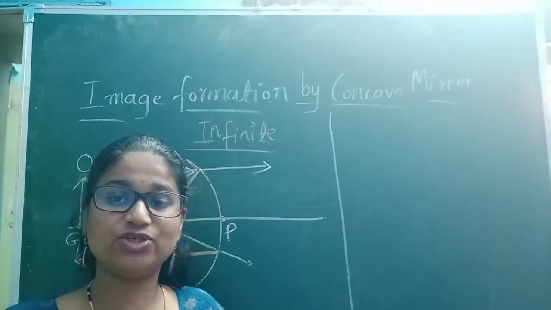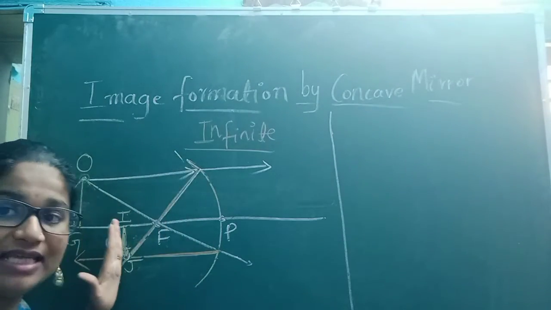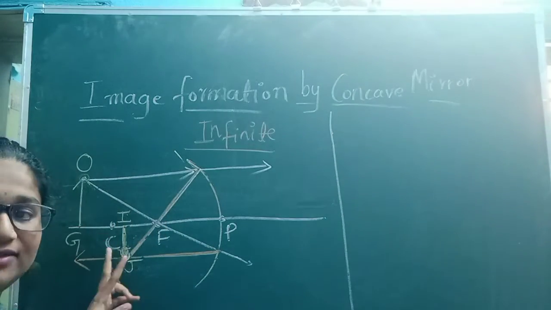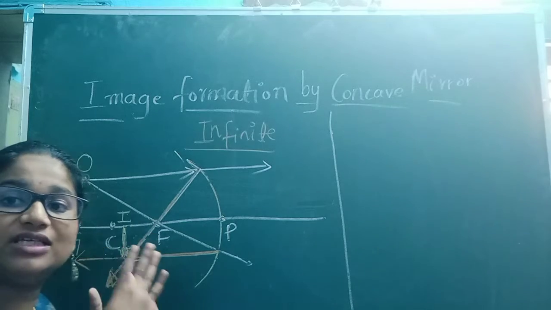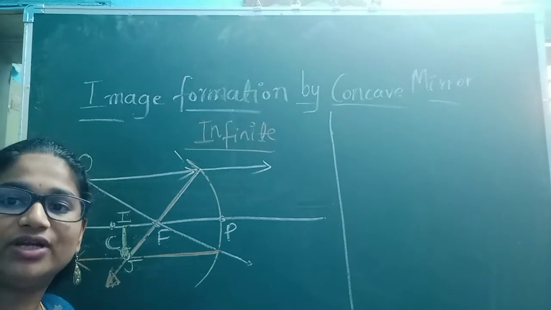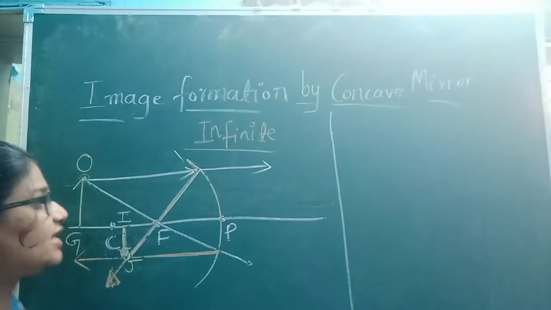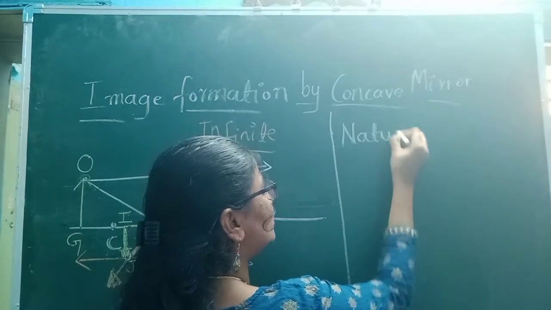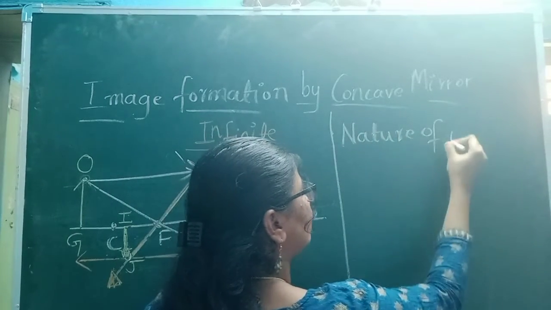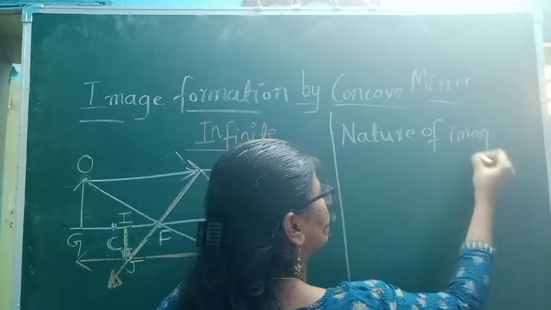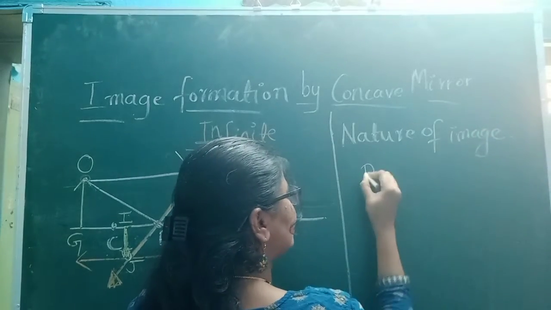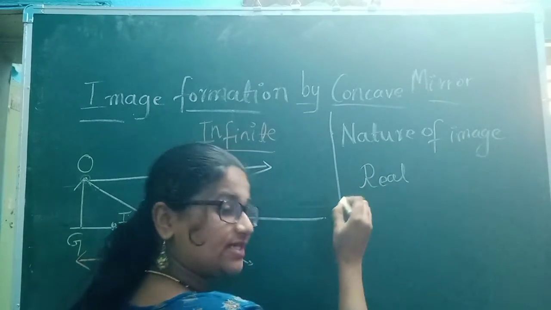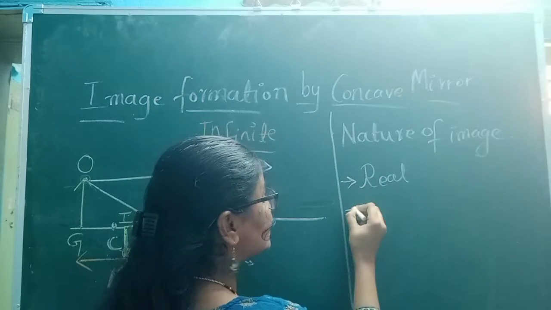What is a real image? When you place a screen at this point, you can get the image on the screen. So that is the meaning of real image. So here, in the concave mirror, the nature of image will be, the first one is real, it is obtained on a screen. The next one is, it is inverted.